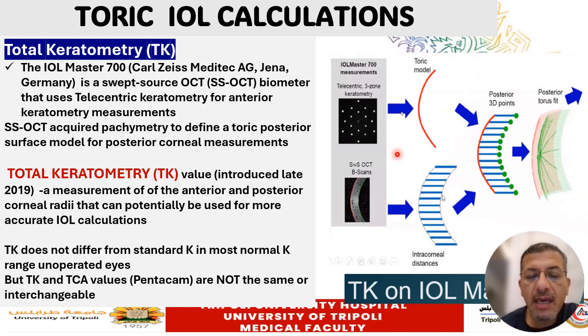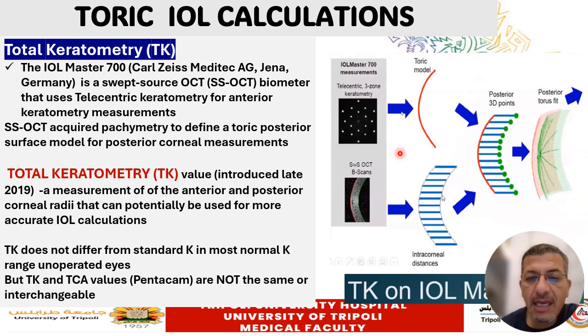So in summary, both the total corneal refractive power map by Pentacam and the TK value by the Zeiss IOL Master 700 measure both the anterior and posterior surface of the cornea. However, the TCRP power map cannot be used in any traditional formula because it uses the real refractive index of the cornea.